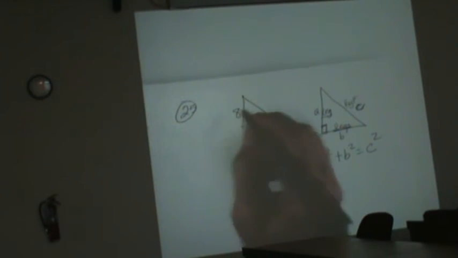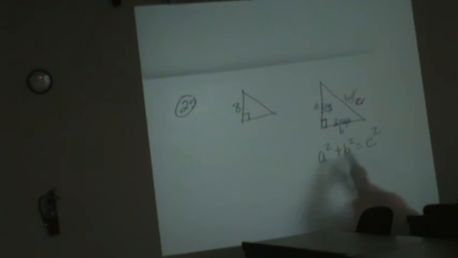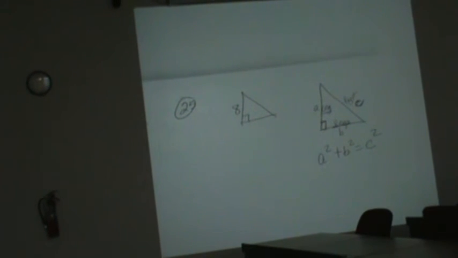Okay, let's do number 25. 25 says the length of one leg is 8 feet. Let's go ahead and draw a separate one. One of the legs is 8 feet. It doesn't matter which one, because these can be done backwards here.